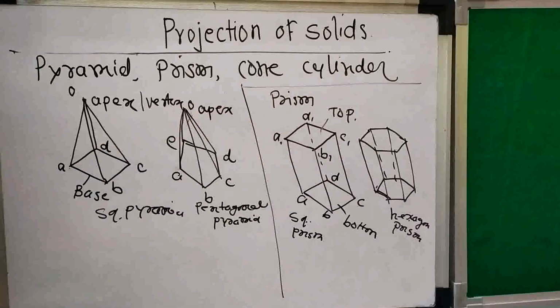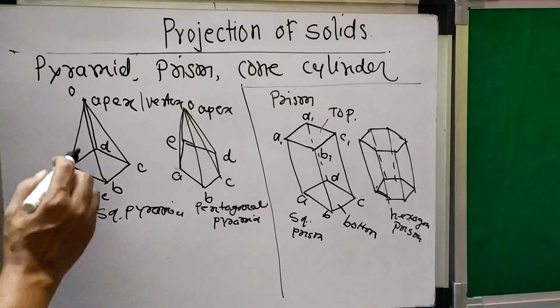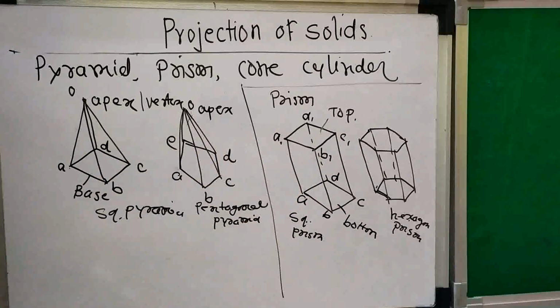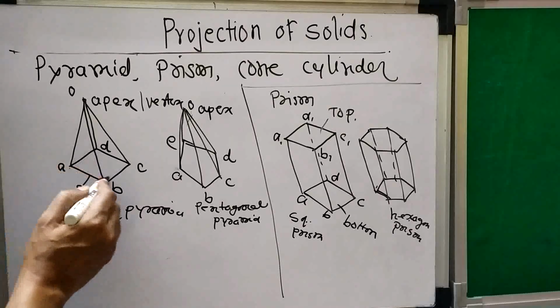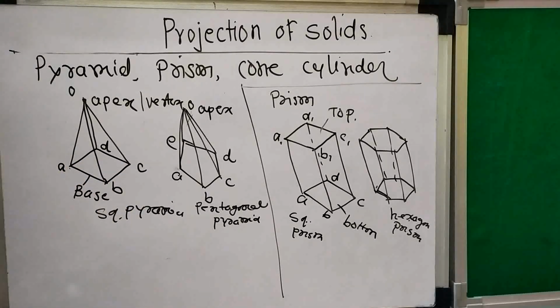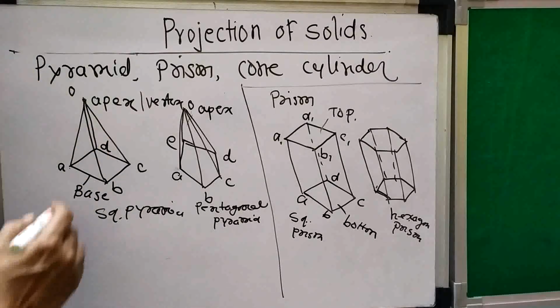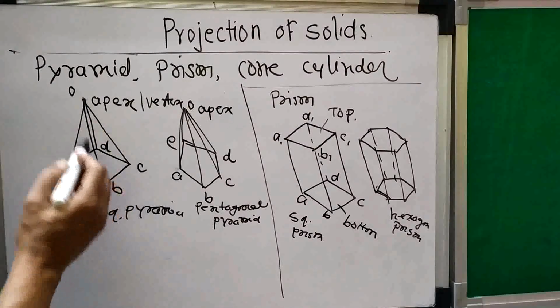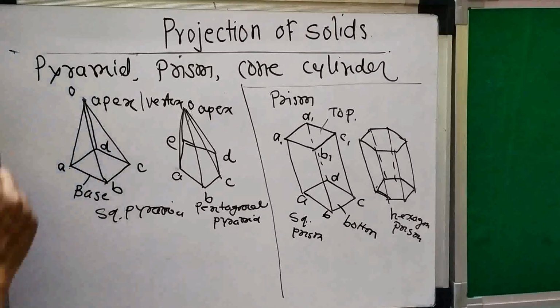The basic difference between the pyramid and prism is that in a pyramid we have triangular faces, whereas in a prism we have rectangular faces. In a pyramid we have only one base, and at the top we have an apex or vertex, and all the triangular faces emerge from the apex.